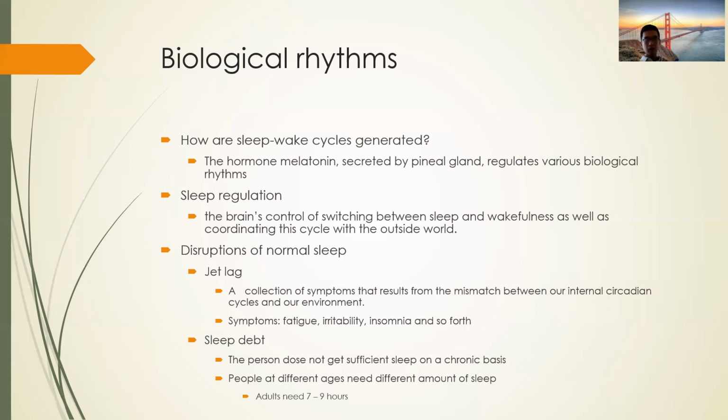Specifically 7.5 hours. Yeah, 7 hours and a half. That's the amount of sleep that people normally need. But babies need much more sleep. They need 12 hours of sleep. So that's why you see a lot of newborns who seem to sleep almost all the time.